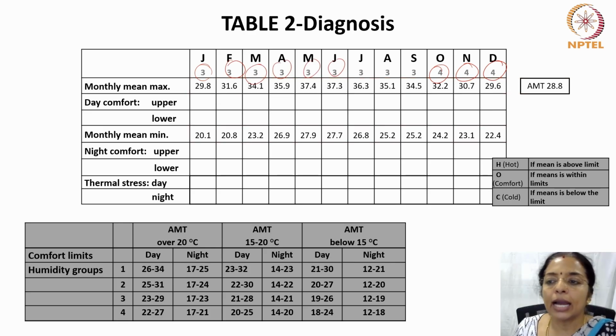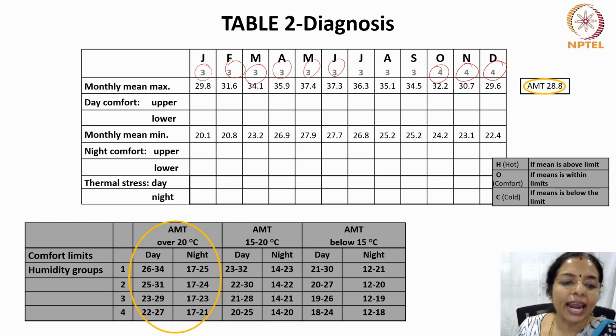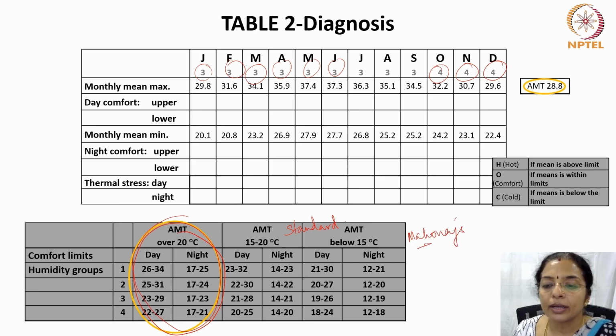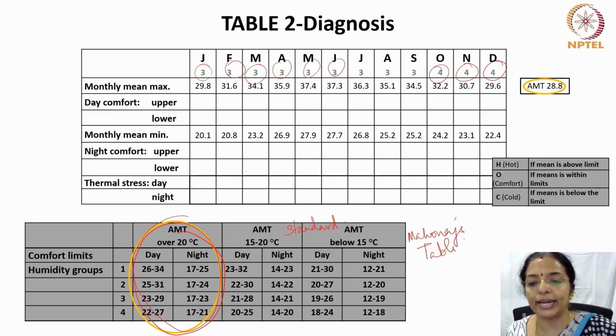Then after this, what you should do is, you should write the AMT and check with the AMT given in this table. This is a standard table. So this is not something which you can enter. Everything which is grey in color is standard, which is part of Mahoney's table, whereas all the non-grey white ones are where you have to enter the data.